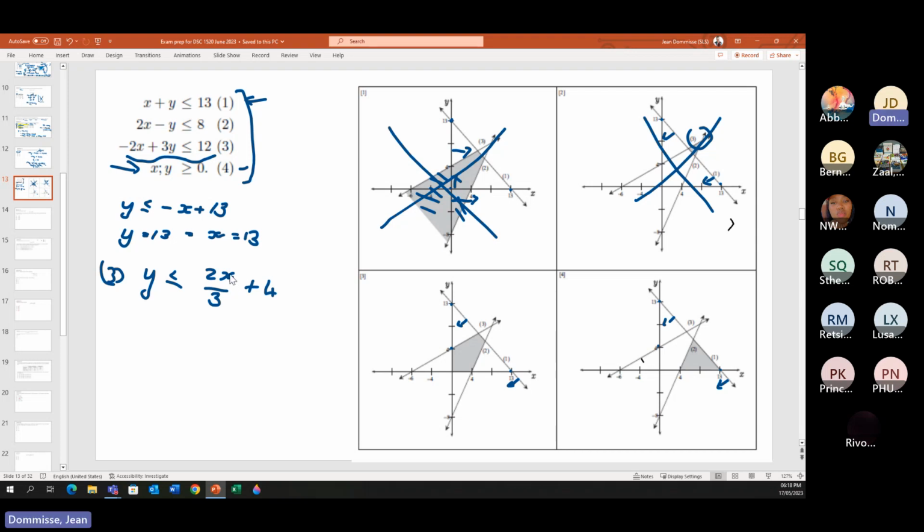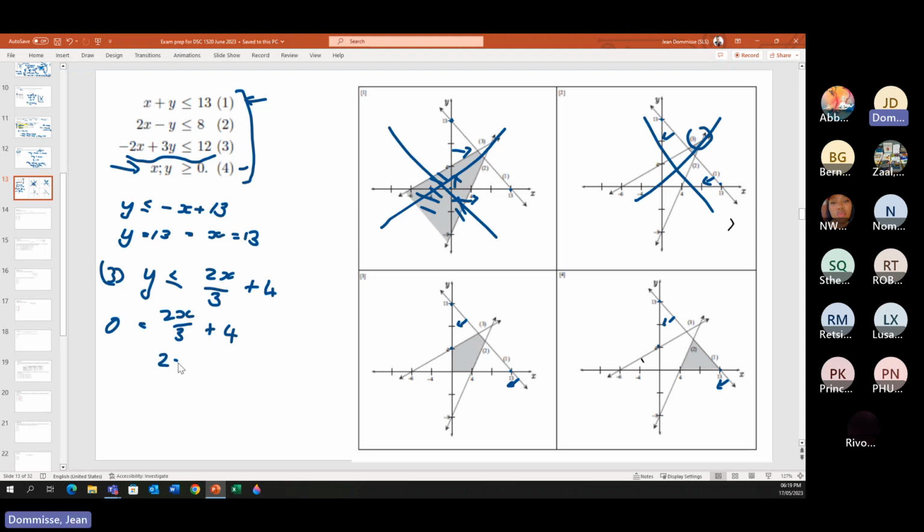So I need to work out what the x is. If y is 0, we have 2x over 3 plus 4. So that will go over to there.